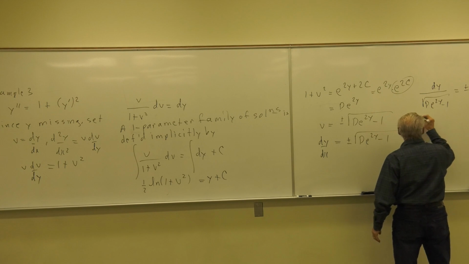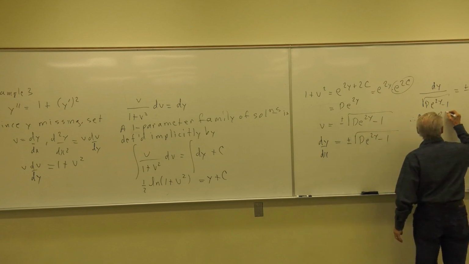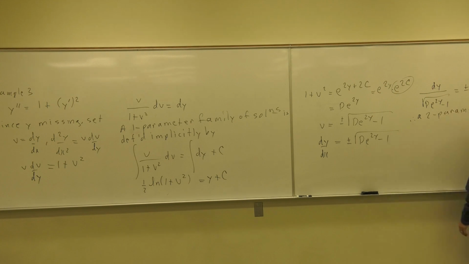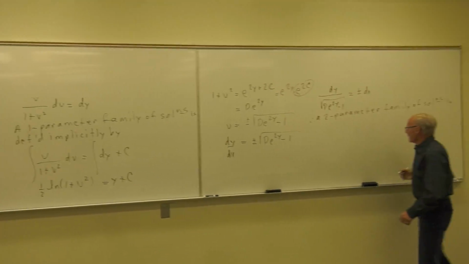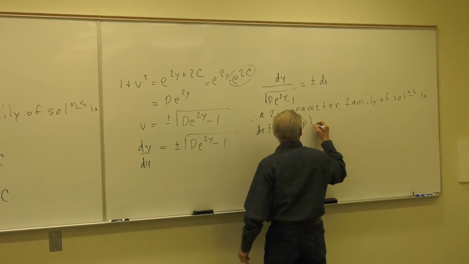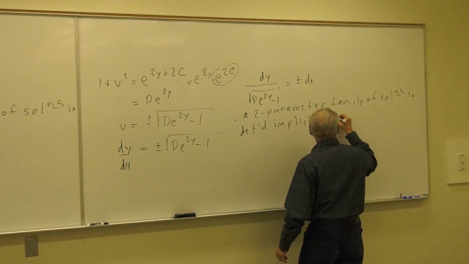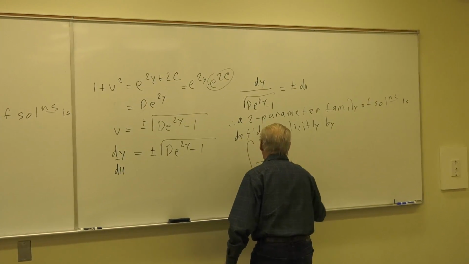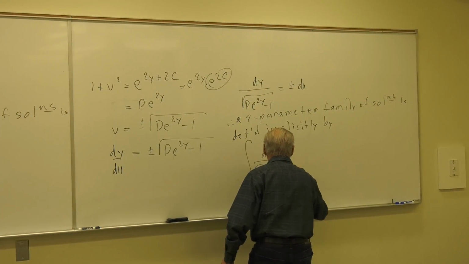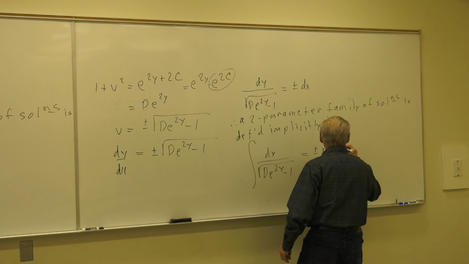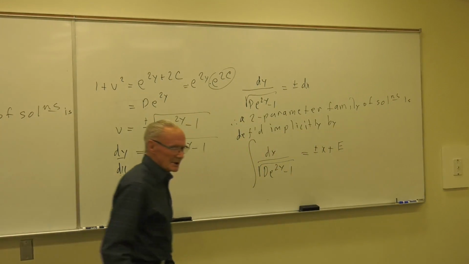And therefore, a two-parameter family of solutions is defined implicitly by, write the integral dy over the square root of d e to the 2y minus 1 is equal to plus or minus x plus e, a new constant of integration.